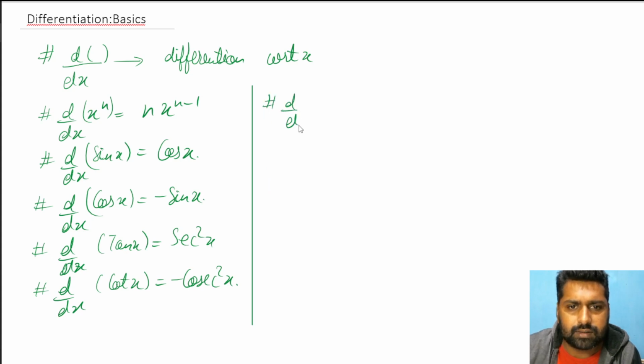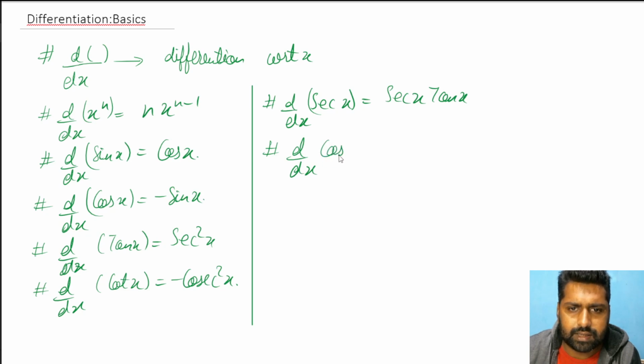Then d by dx of sec x is sec x tan x in multiplication. D by dx of cosec x is minus cosec x cot x.